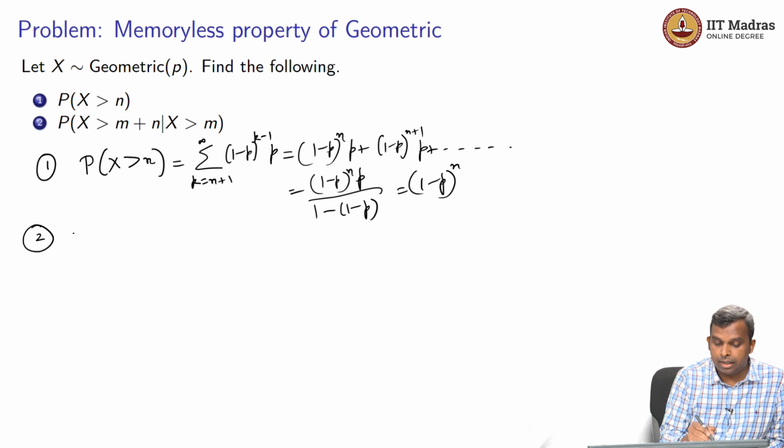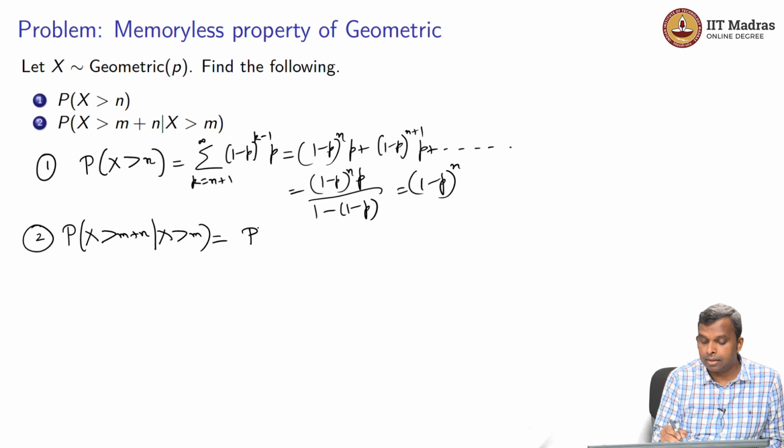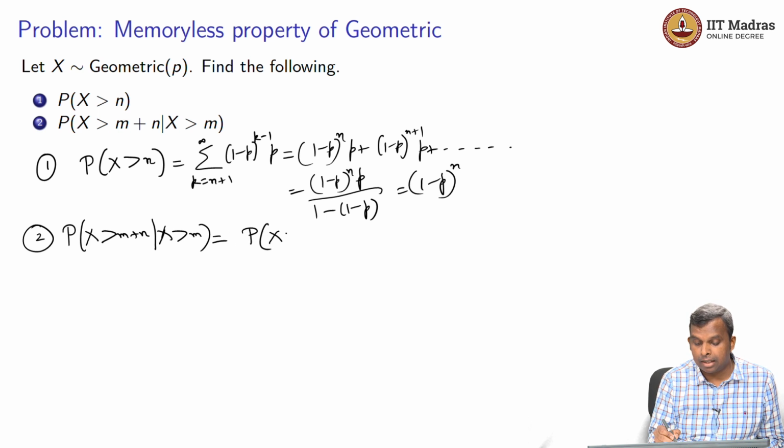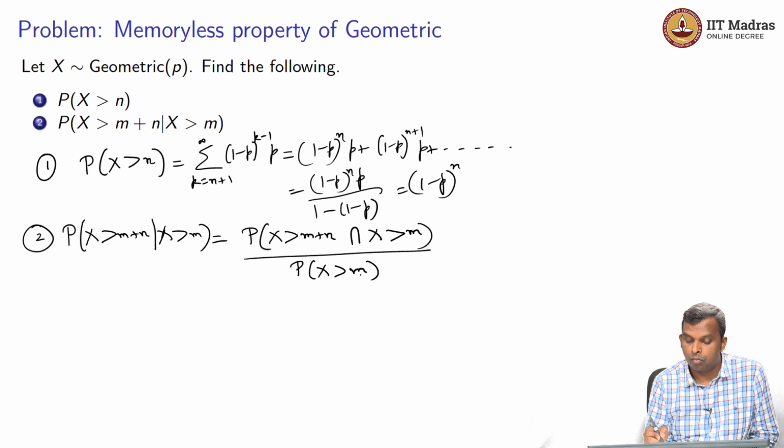Now the second question is asking you to find the probability that x is greater than m plus n given x is greater than m. Now this is a conditional probability. So the conditional probability of A given B is P of A intersect B divided by P of B, isn't it?